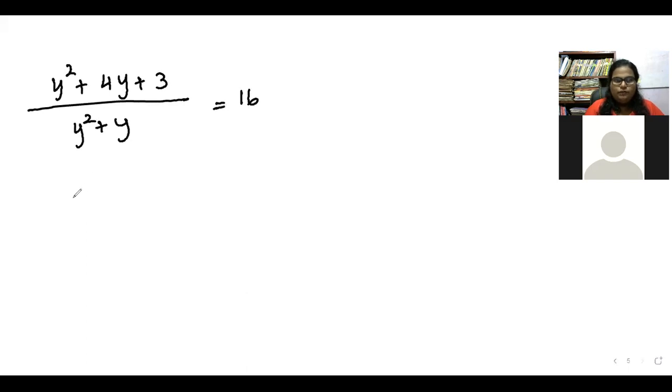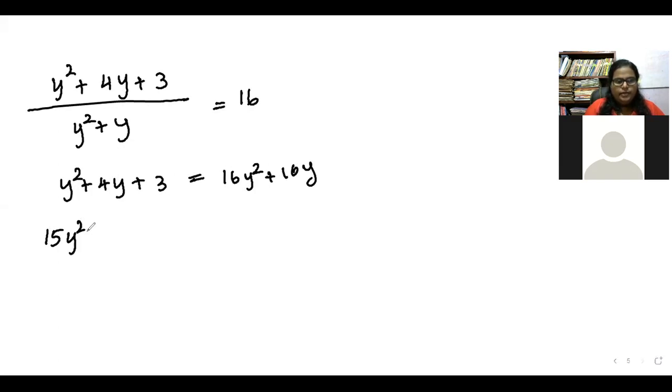Now there are no log terms here. So it is a quadratic equation. Y square plus 4y plus 3 equals to 16y square plus 16y. So we can take all y terms to the right hand side. Here 16y square, and we can take this one and it becomes 15y square here, and plus 6y and minus 3 equals to 0. So this is the quadratic equation we have.